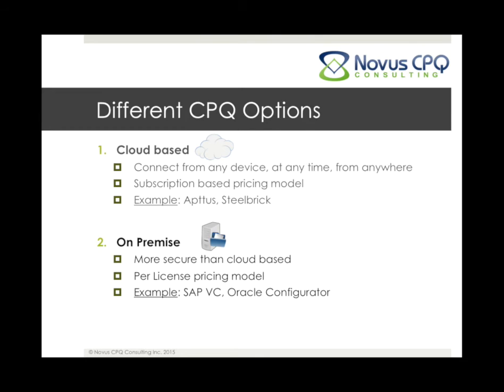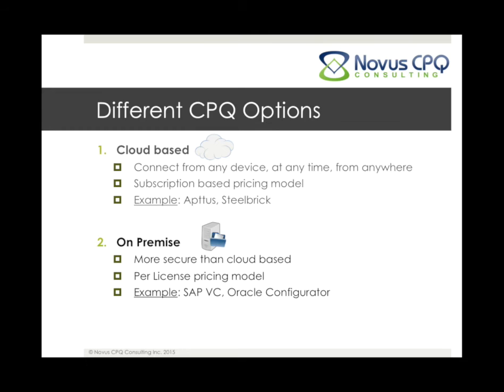On the other side, you have on-premise software, which has been around for quite some time. It's more secure than cloud-based software in general. It has a different pricing model. It's more a per user license model. And good examples for this one would be the SAP Variant Configurator or Oracle Configurator. Now, both can be right.